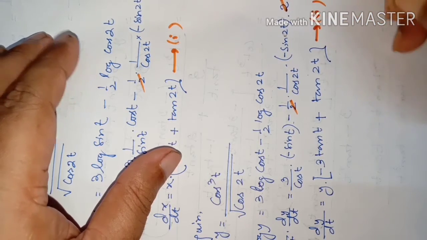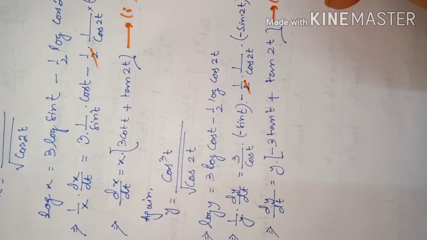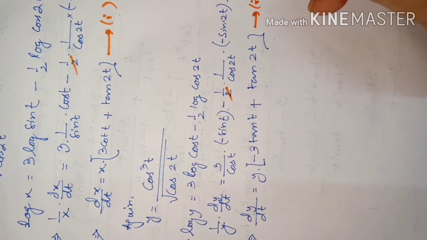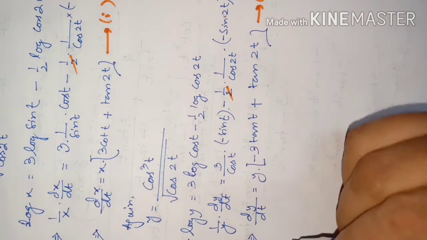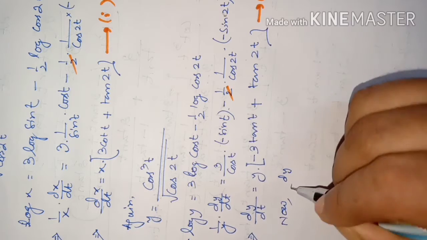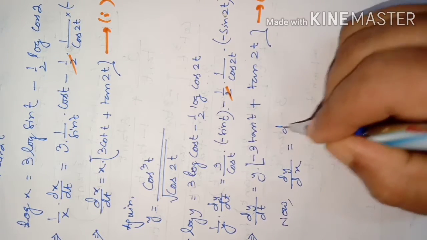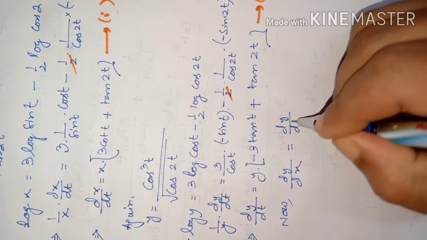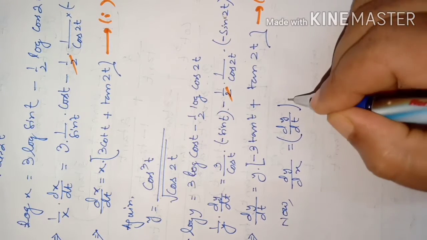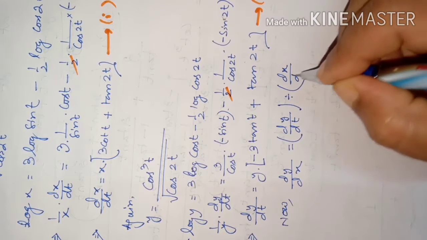Now for dy by dx, what do we have to do? We have to divide dy by dt by dx by dt. So now we write dy by dx, which is dy by dt divided by dx by dt.